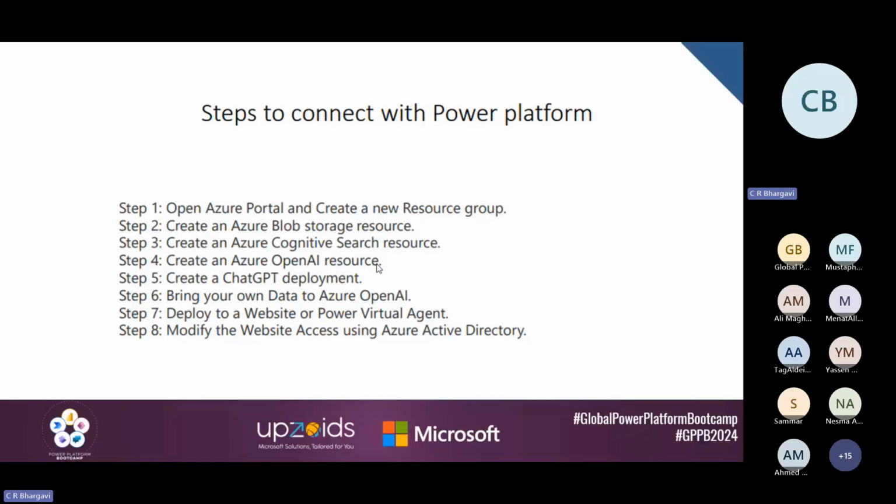We would select the model here, and then we would feed the data that is there for our organization into the Azure OpenAI Studio with the help of the Add your own data tab, and from there we would proceed.